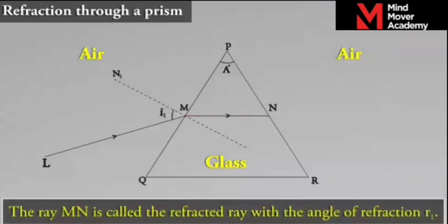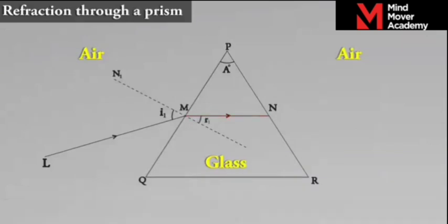The ray MN is called the refracted ray, with the angle of refraction R1. The refracted ray MN strikes at point N of the face PR of the prism at angle of refraction R2. As the ray is moving from glass to air, after refraction it shifts away from normal N2 as emergent ray NO at angle of emergence I2.